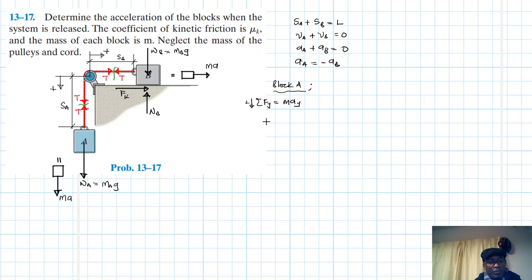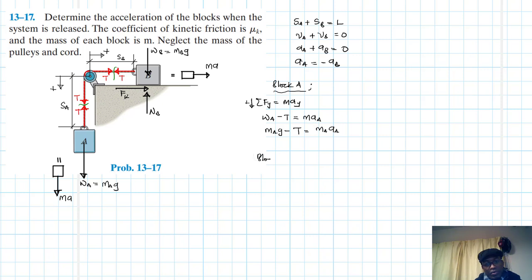So we have WA minus T equal to MA AA. Therefore, this is just MA G minus T equal to MA AA. Okay. So we have one equation.